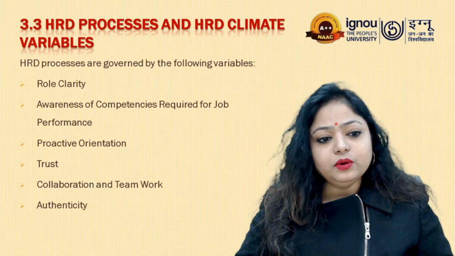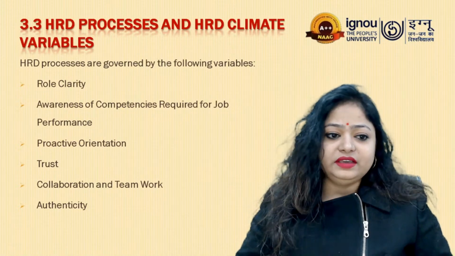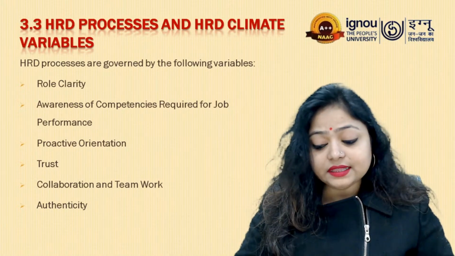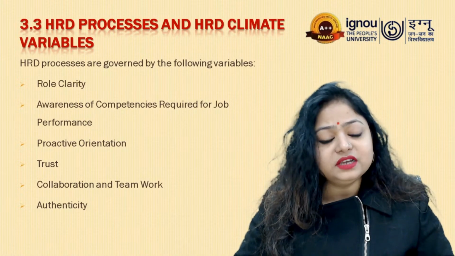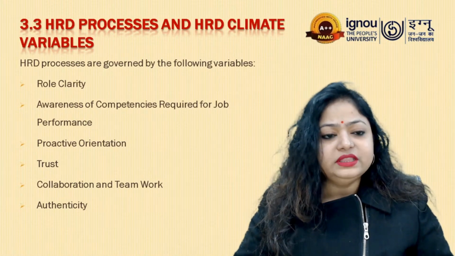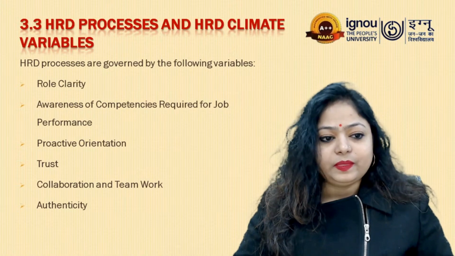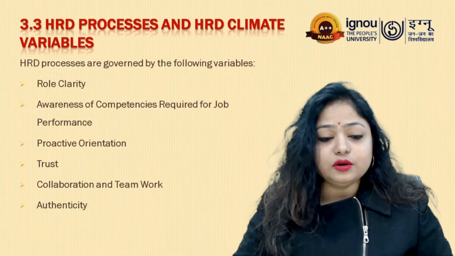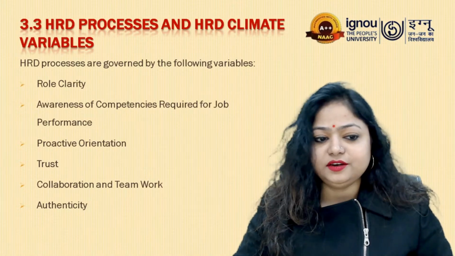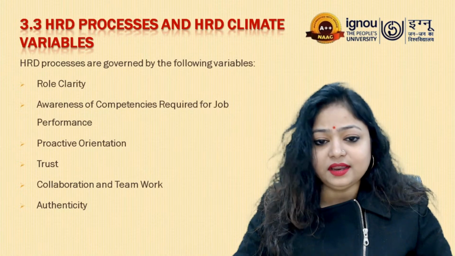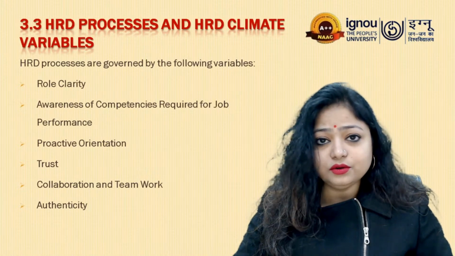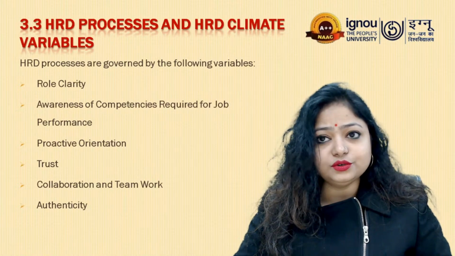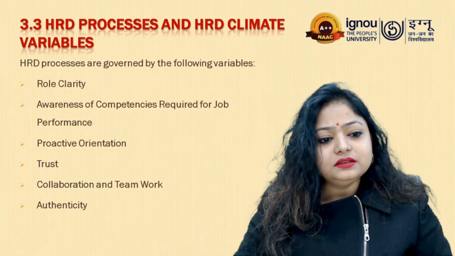An employee or role occupant must be aware of the competencies required to perform the job, and if they do not have the knowledge, they must be made aware of it with the help of the HRD system. In order to achieve the desired job performance level, it is always pertinent to have awareness about the competencies required for the job. So everyone knows what they are supposed to attain and what level of performance they should exhibit.